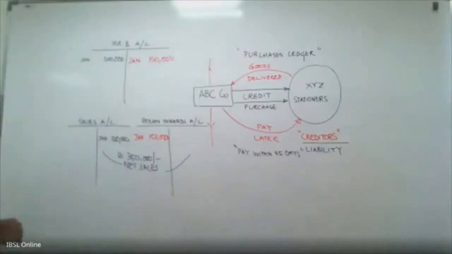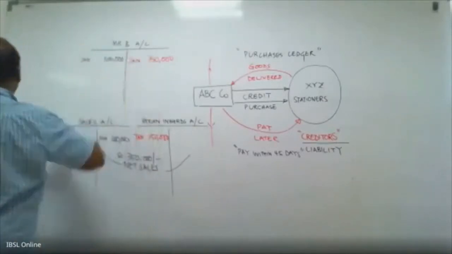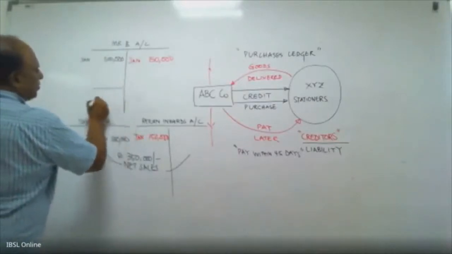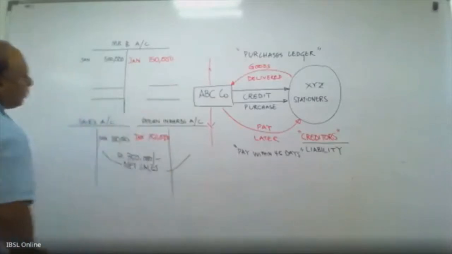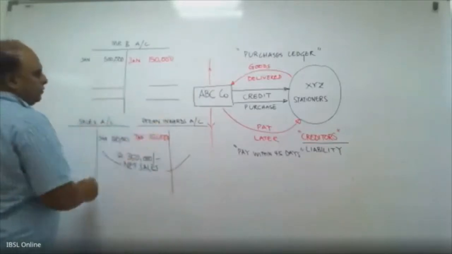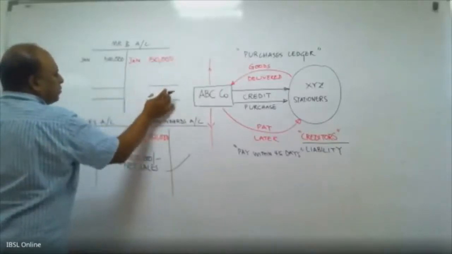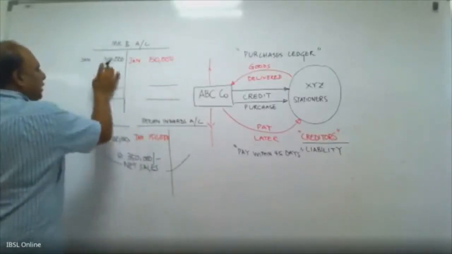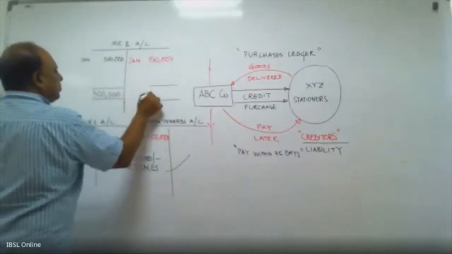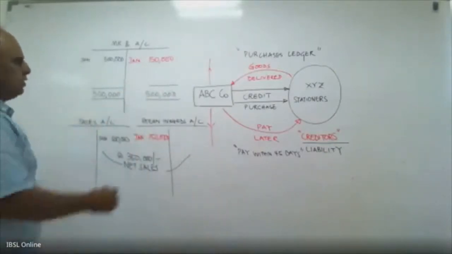On the other side, the customer brought in 500,000 in sales and he returned 150,000. Now I do a balancing of this account. I take the total of both sides. This side it is 500,000, this side it is 150,000. Which is the higher amount? 500,000. I put the higher amount on both sides. This side total agrees, but not this side.